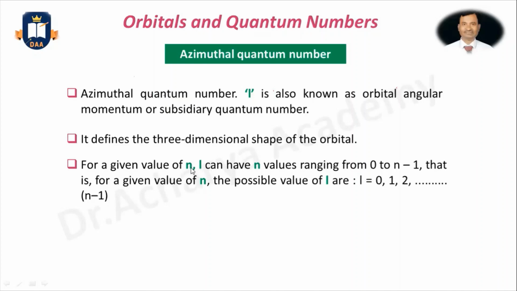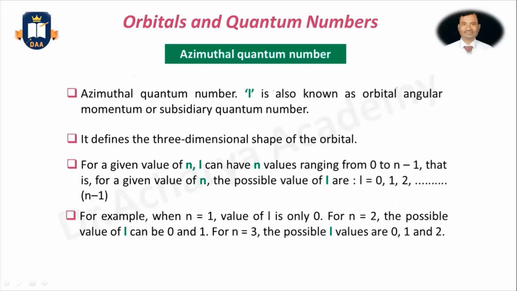If the value of n is 2, then l has two values, 0 and 1, and so on. With the increase of the value of the principal quantum number, the value of l also will increase. For n equal to 3, the possible l values are 0, 1, 2.